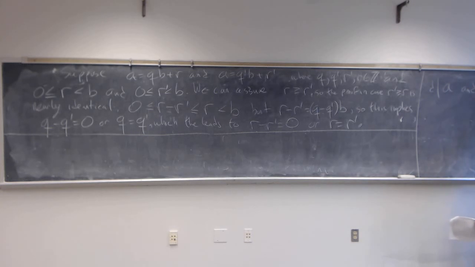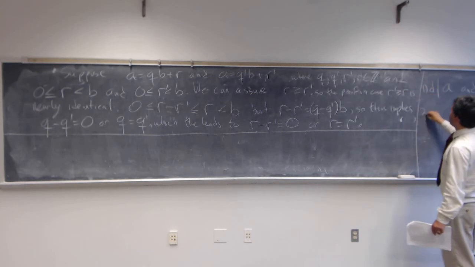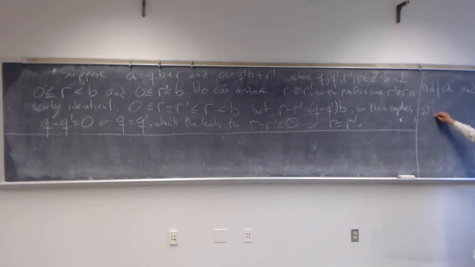One is that D divides A and D divides B. And the second is, for any integer k with k divides A and k divides B, then k has to divide this element D. So one way to define the greatest common divisor of two numbers A and B would be that way.